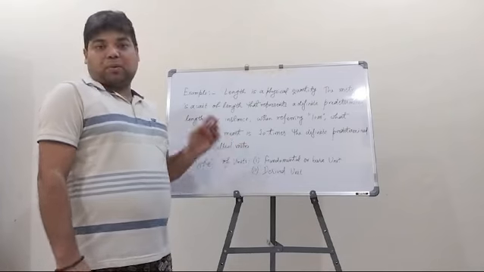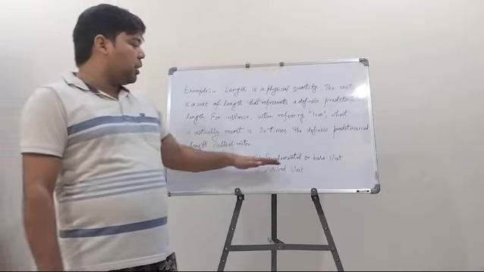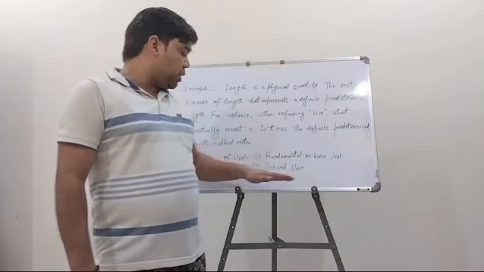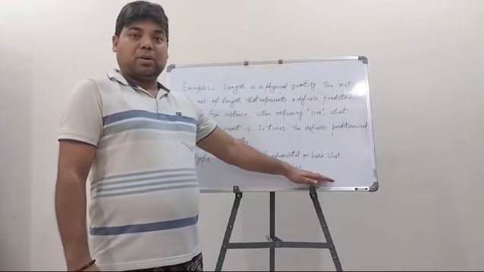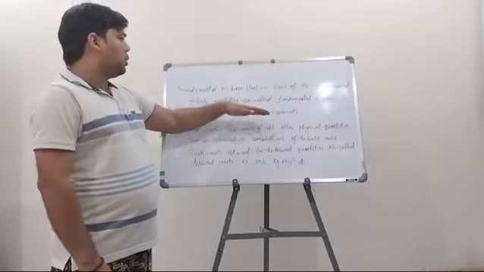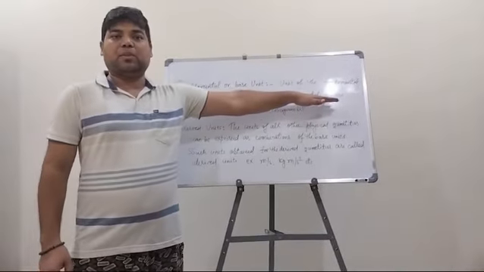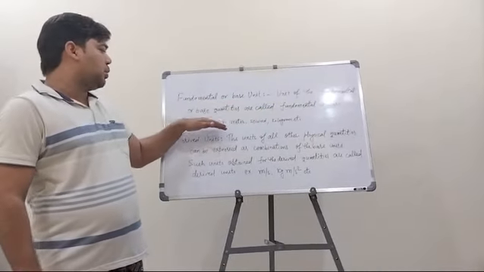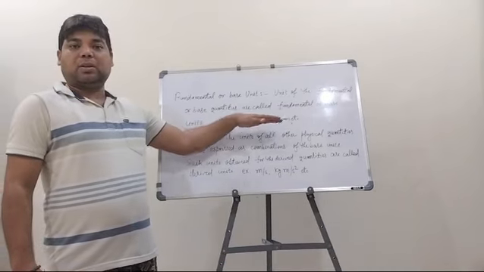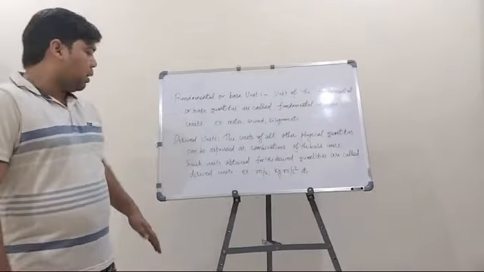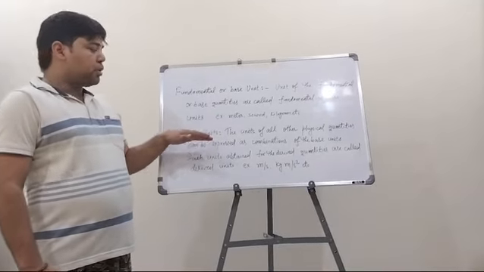Now let us go to the types of units. So there are two types of units. One is the fundamental or base unit, another is called the derived unit. Now let us define them. So units of the fundamental or base quantities are called the fundamental or base units. The simple examples are meter, second, kilogram, etc. Now let us go to the derived units. So what are the derived units?